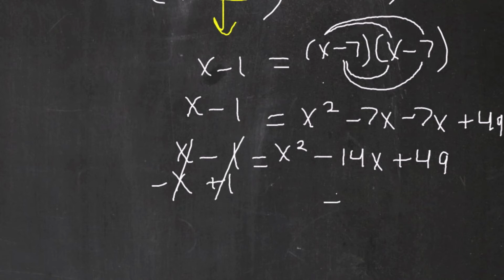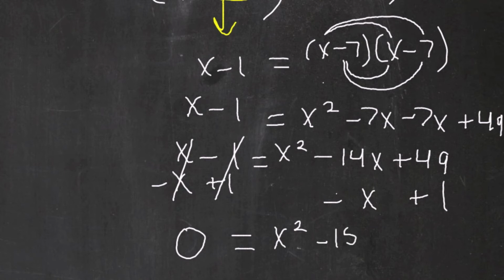On the left side, we're left with just a 0, because everything canceled out. On the right side, we have x squared, then negative 14x and negative 1x gives us negative 15x, then positive 49 plus 1 gives us positive 50.